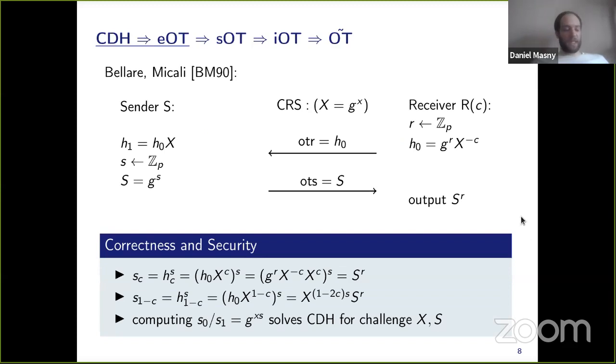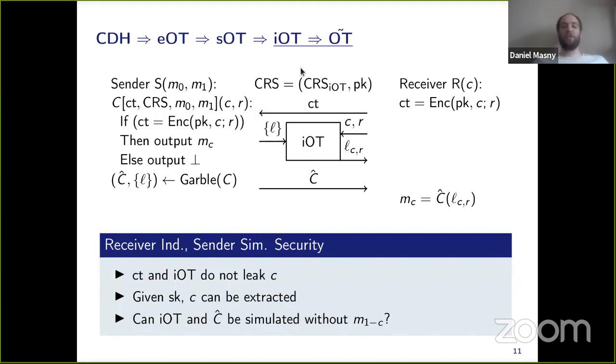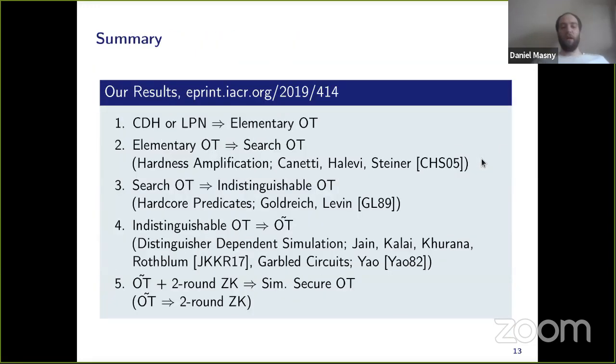I won't go into the technical details of how to construct it and how these transformations look. For that, I refer you to the full talk or to the paper. But the take-home message of this talk is that we simplify constructing simulation-based secure OT by introducing a couple of weaker security notions and showing generic transformations.